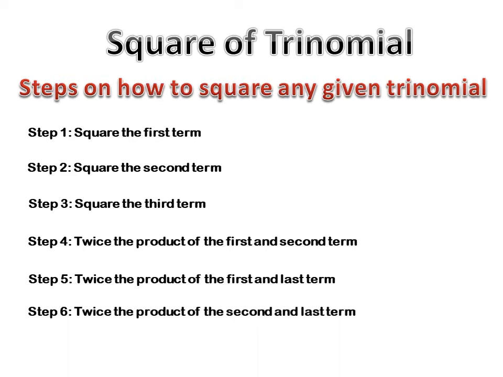And then finally, in order to determine the result, we need to add all the obtained terms from step 1 to step 6. Again, for our last step, we need to add all the obtained terms from step 1 to step 6.